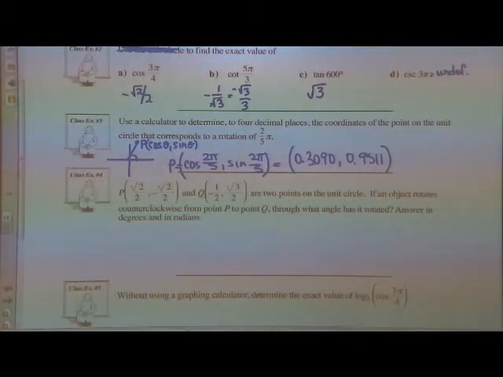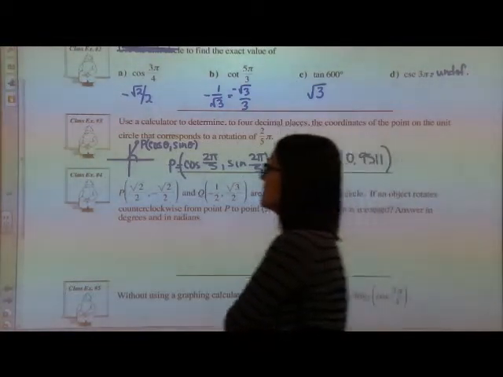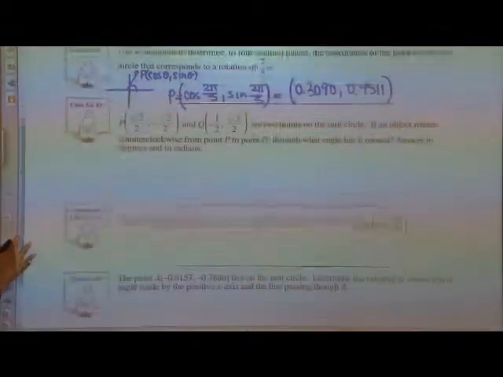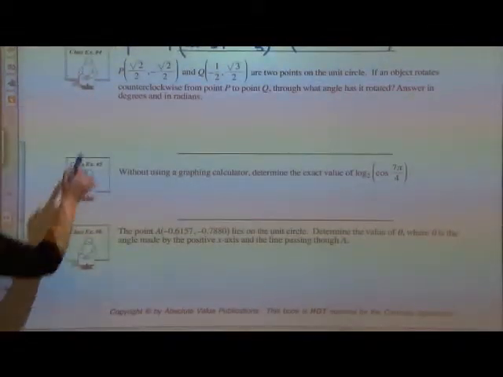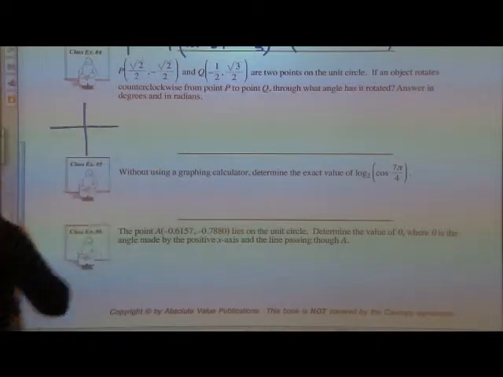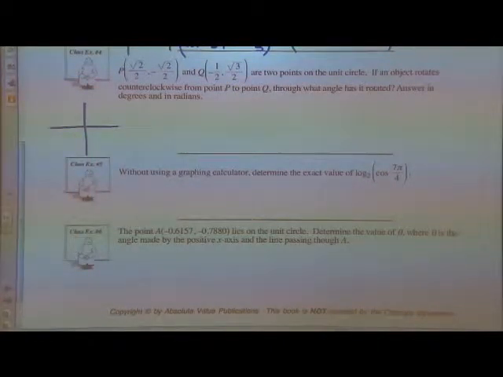In class example number 4, you're given 2 points on a unit circle. And you're asked if an object goes counterclockwise from point P to point Q, what angle has it rotated? And they want the answer in both radians and degrees. So when we go to calculate this, what quadrant is point P in? Quadrant 4.